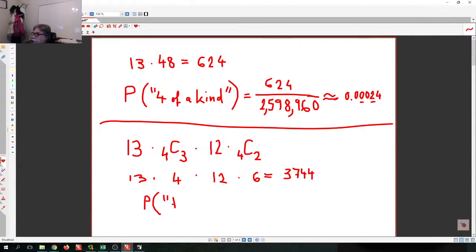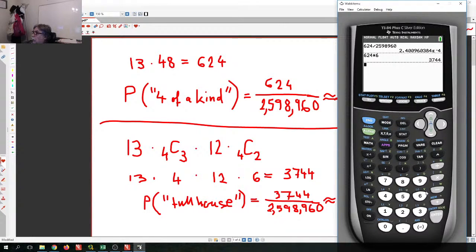So I have full house, 3,744 divided by 2,598,960, and that number is, according to my calculator, something small, but it's a better chance than having the 4 of a kind.